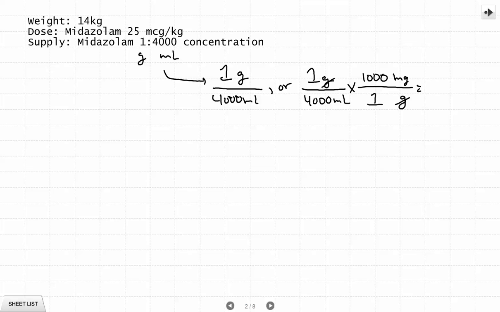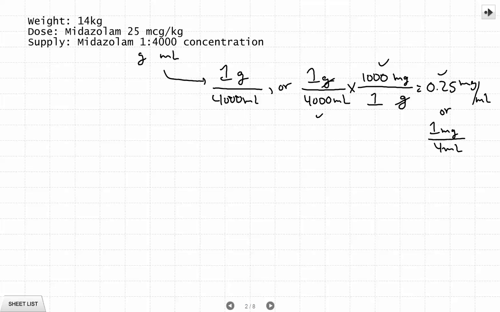So you could write this as 0.25 milligrams per milliliter, or you could just leave it as 1 milligram for every 4 milliliters. Right, a ratio of 1,000 to 4,000 is the same as a ratio of 1 to 4, and if you take 1 divided by 4, that's how you get the 0.25. So it's up to you.